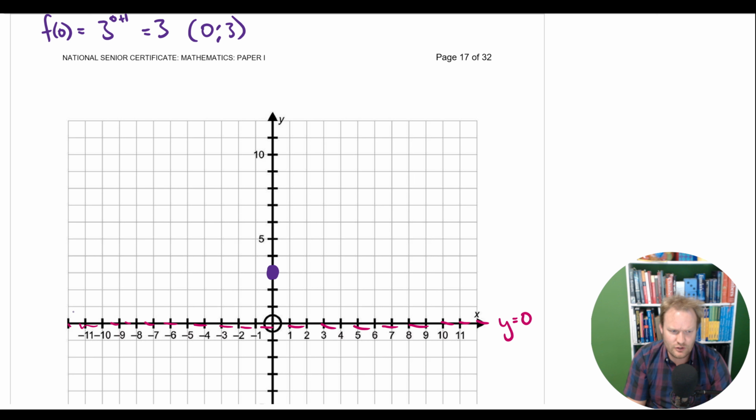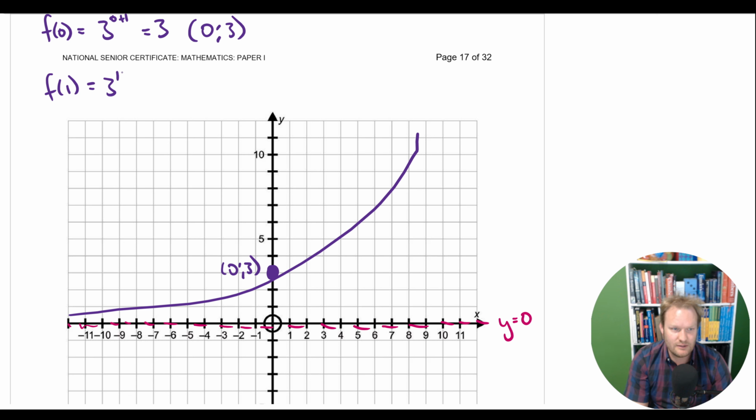Okay, so now you can draw your graph. I'm just going to draw it roughly to start with, but because we've got a grid, which is vaguely annoying in some ways, we need to be a little more accurate. This point here is obviously on the graph, 0, 3, but what happens if we put 1 into our graph? I replace x with 1, and 1 plus 1 is 2, 3 to the 2 is 9.